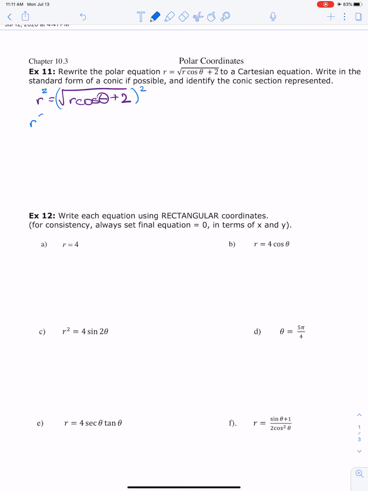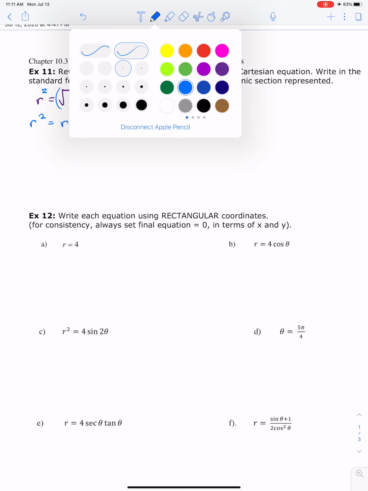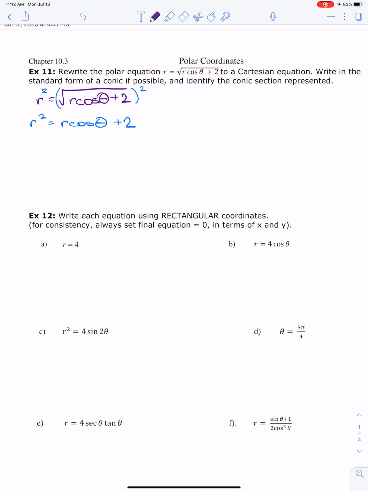And then I get r squared equals r cosine theta plus 2. r squared is x squared plus y squared. r cosine theta is x. And so I'm going to move all of my variables to the left-hand side and give myself a little space here.